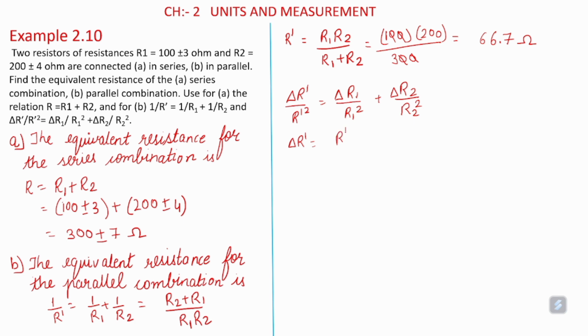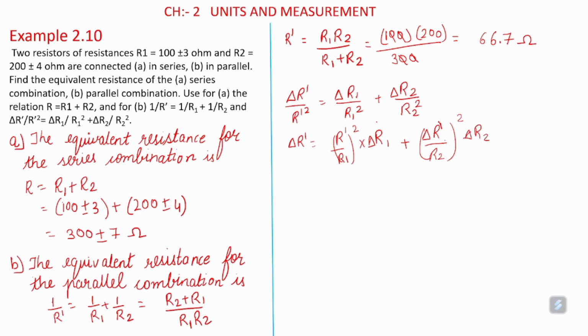So it will become R dash square upon R1 whole square into delta R1 plus R dash square upon R2 whole square into delta R2.